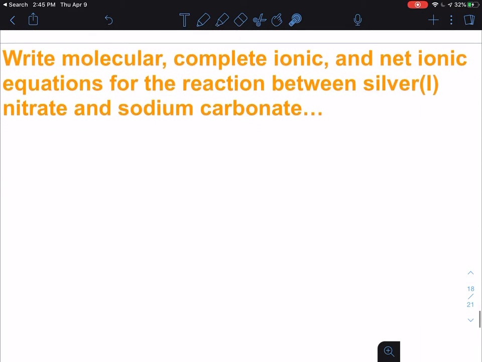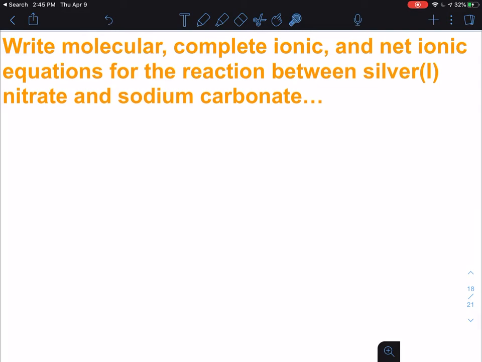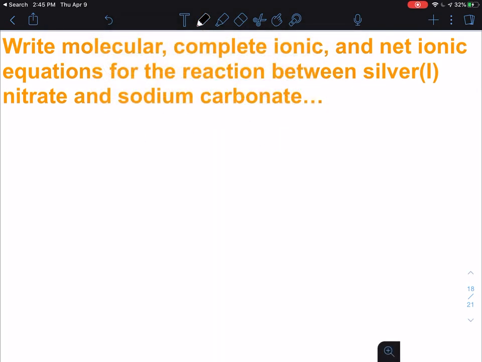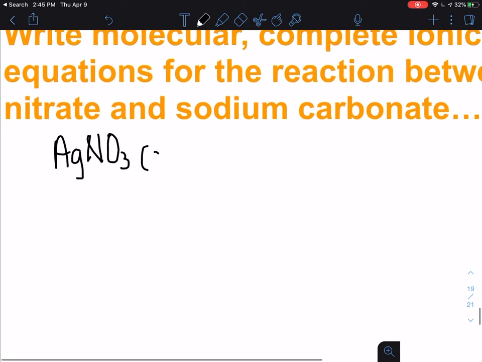Okay, so now that we have three types, molecular, complete, and net, we can write a molecular, complete, and net ionic for this precipitation reaction: silver 1 nitrate and sodium carbonate. So let's get started. First I'm going to write silver nitrate, AgNO3, and it is aqueous.